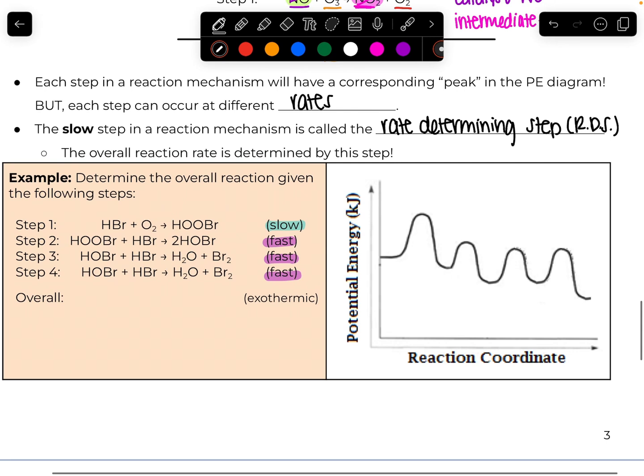If you take a look at this reaction here, this is a 4-step mechanism, wild, which means that each step gets its own peak in a potential energy diagram and its overall reaction coordinate. The slow step is step 1. So this would be our rate determining step.